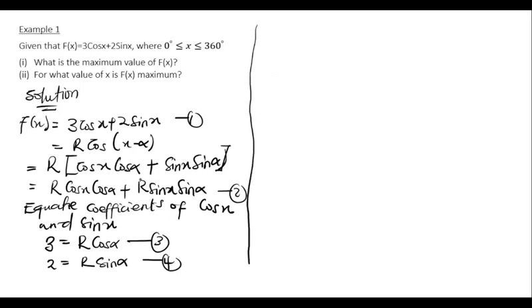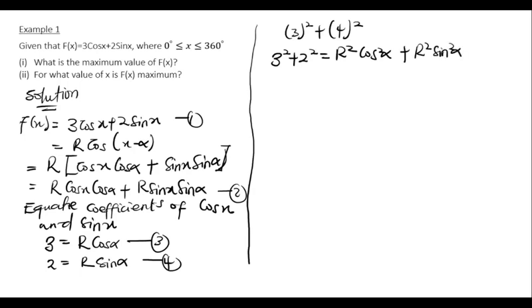To do that, we square both equations that we have over here and then we add them. So equation 3, we square it and then we add it to the square of equation 4. If we do that, we get 3 squared plus 2 squared is equal to r squared cos squared alpha plus r squared sin squared alpha.